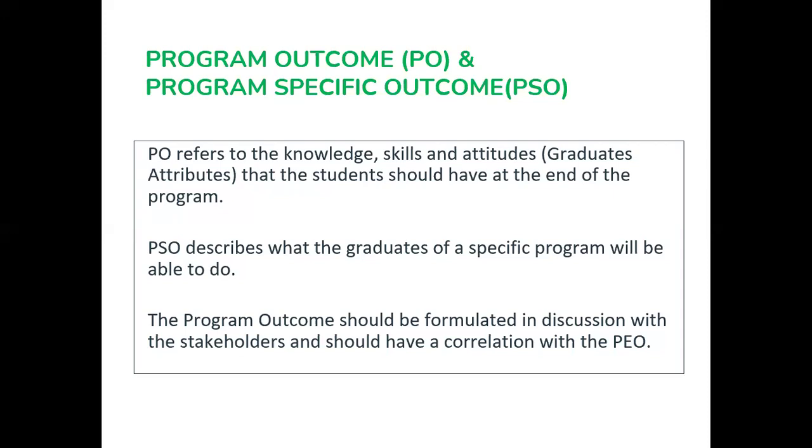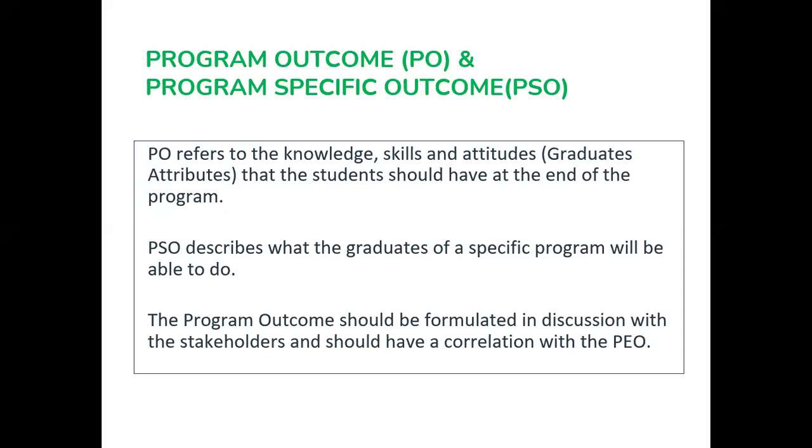Then PSO describes what the graduates of a specific program will be able to do. So that is program specific. That means if the student is studying for a BCom program, the PSO is different, and for BSc Maths, the PSO is different. But PO refers to every student who is studying in that institution.